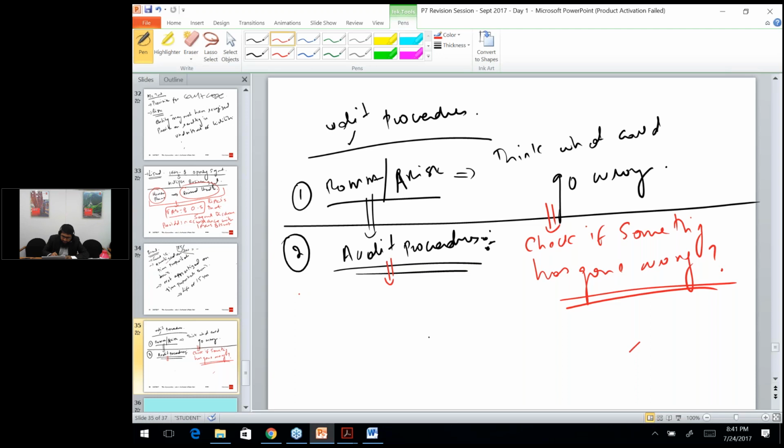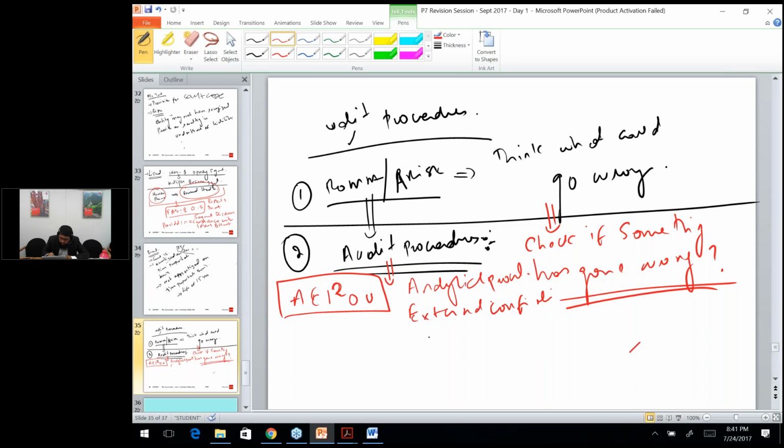I could identify the various types of audit procedures. I generally ask students to remember the audit procedures using this mnemonic, AEI square OU, the vowels. A is analytical procedures. E is external confirmation. I is inquiry, and I is inspection.